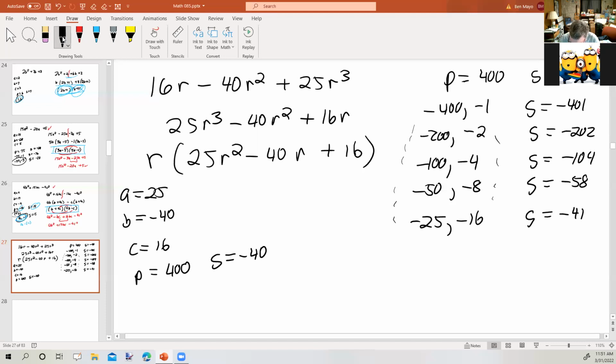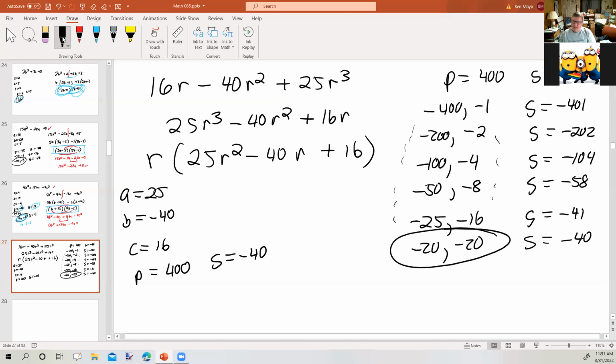So can you think of a number between negative 25 and negative 16 that goes into 400? How about negative 20? Does that go into 400 evenly? How many times? Negative 20. Oh, and the sum is negative 40. So there's our two numbers.